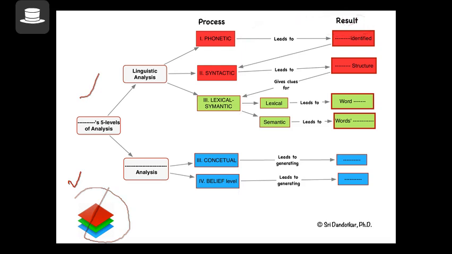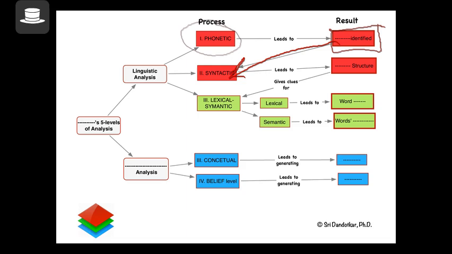Now, as you can see, the first level is phonetic processing, which is processing language at the sound level, which leads to, as we have seen, word identification, correct? Once all the words are identified, the other processes kick in.